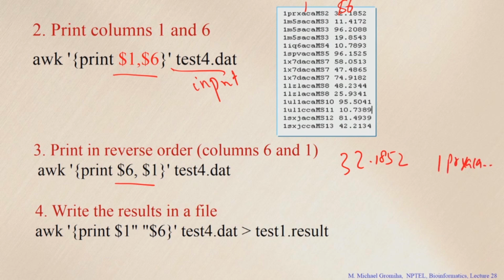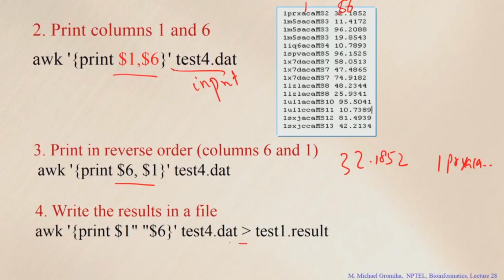Now, here this is the screen. If you give the awk command with the input file, you can see the data on the screen. If you want to write the answer to a file, what do you do? We give the greater than symbol. That means the result obtained from this command will go to this file.